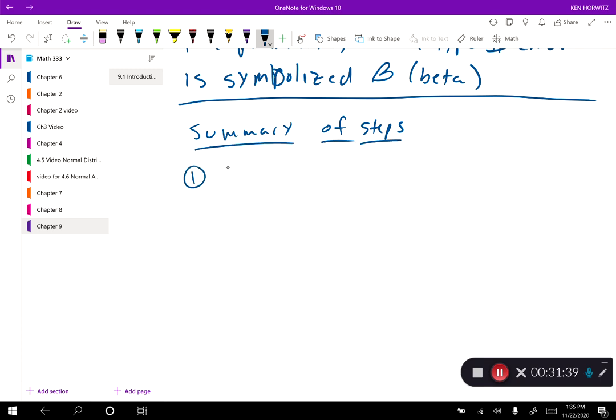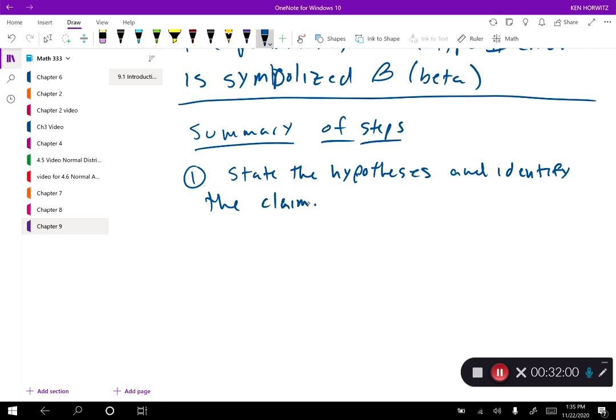All right, so the first is we're going to state the hypotheses and identify the claim. And that's always written into the problem.